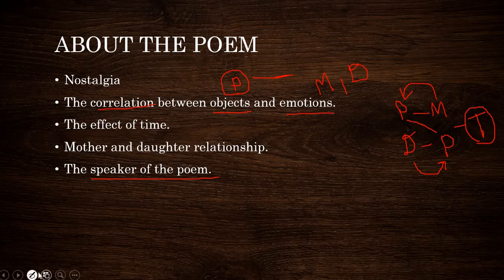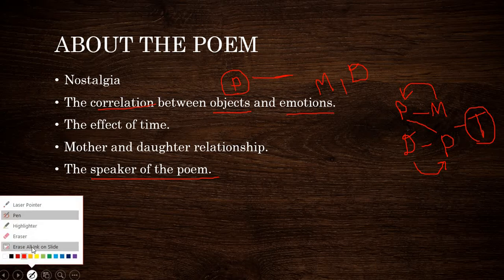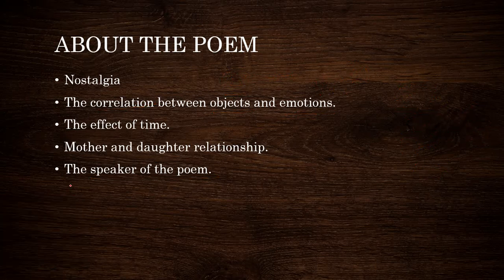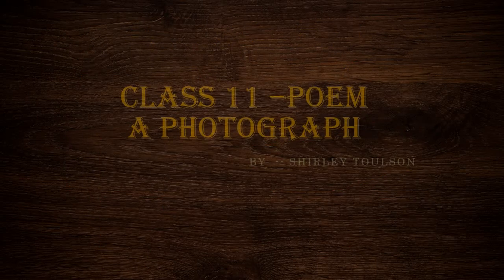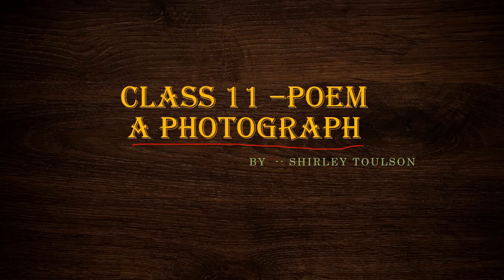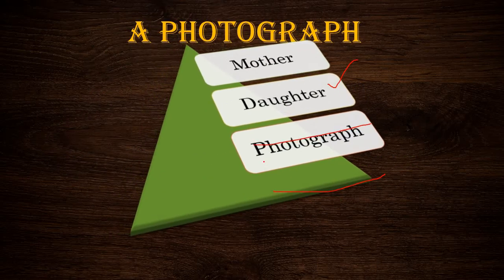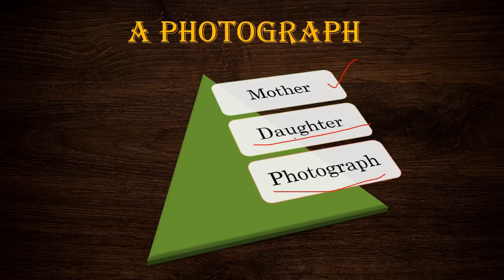I hope you understood the meaning and the entire concept of the poem. We'll just go back and think about how we went through all these things. The poem Photograph is written by Shirley Tolson, and it has three important factors: the mother, the daughter and the photograph.